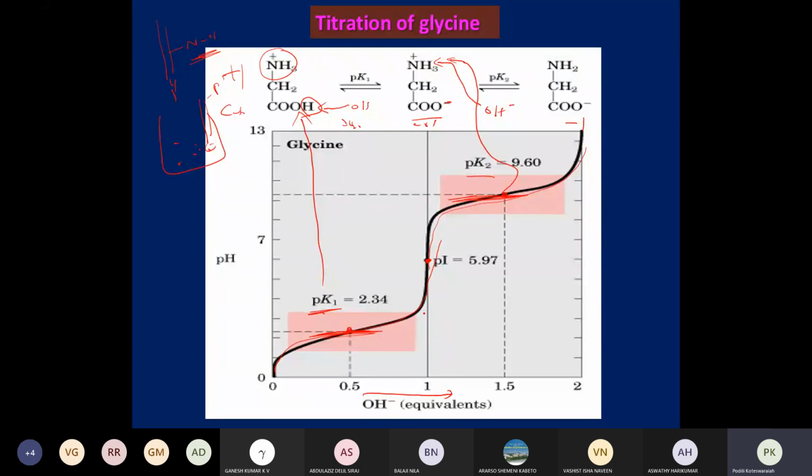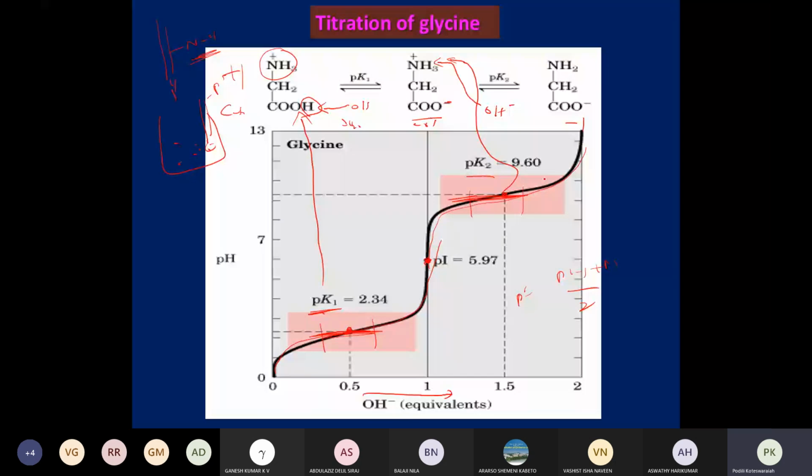So that means by using the titration curve, we can determine the pK value. We can also determine the pK1 and pK2, and since glycine is a neutral amino acid, the pI is equal to pK1 plus pK2 divided by 2. So 2.34 plus 9.60 divided by 2 is equal to 5.97.